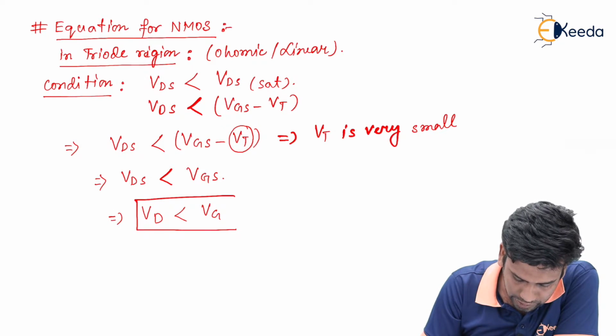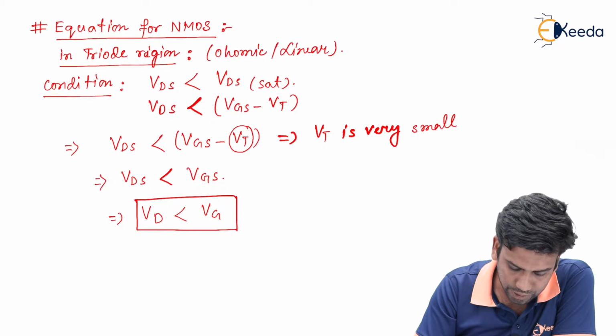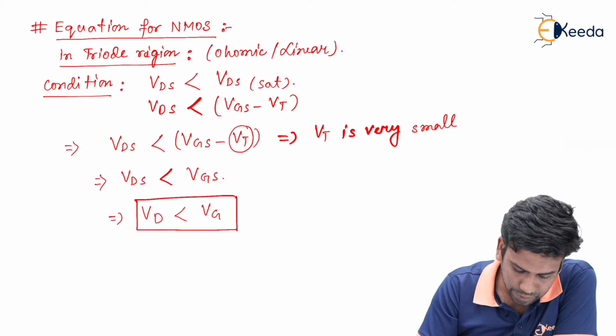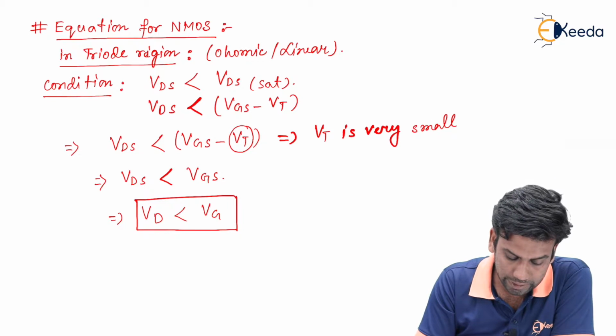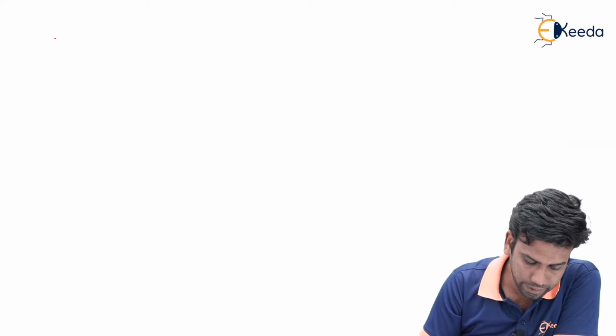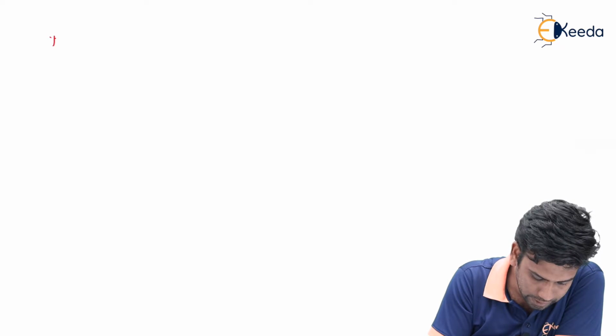So this is the condition for the triode region, and in this region we will get a current which will linearly increase with VD. Now let us see what will be the equation of current ID.